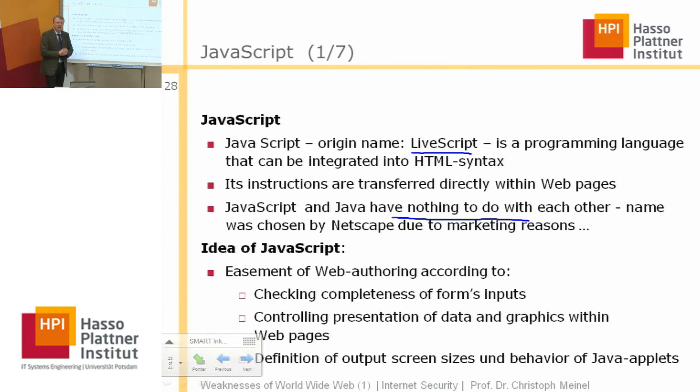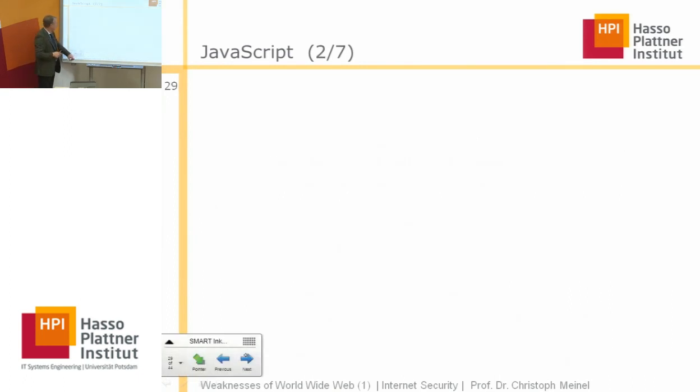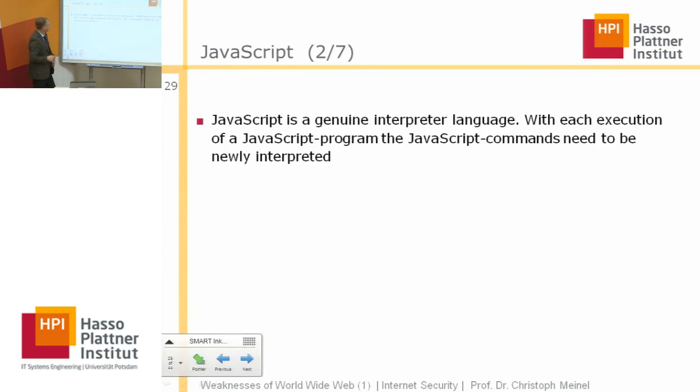It should be easy for the author to define the output screen size and the behavior of a Java applet. This is the idea of JavaScript. Also here, the aim is to give the user tools in hand so that he can control the interactions with such a website.